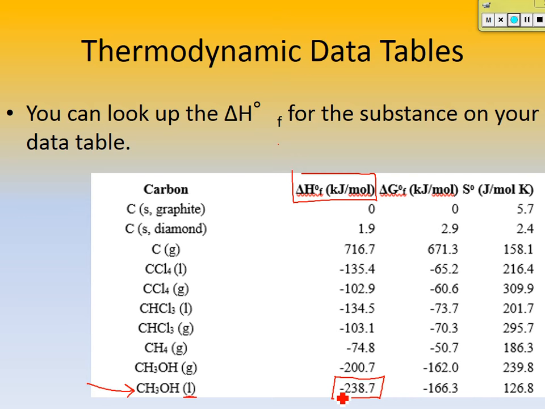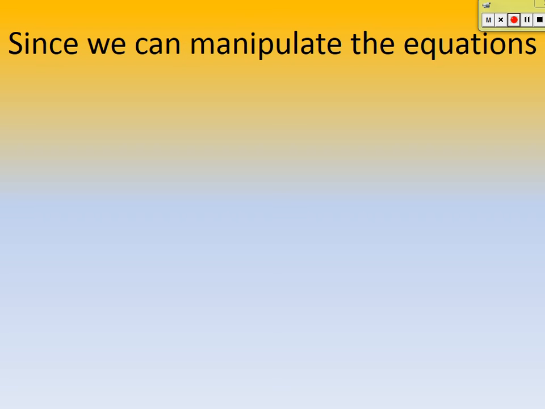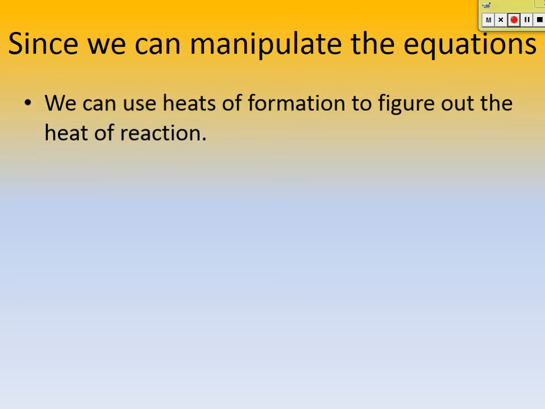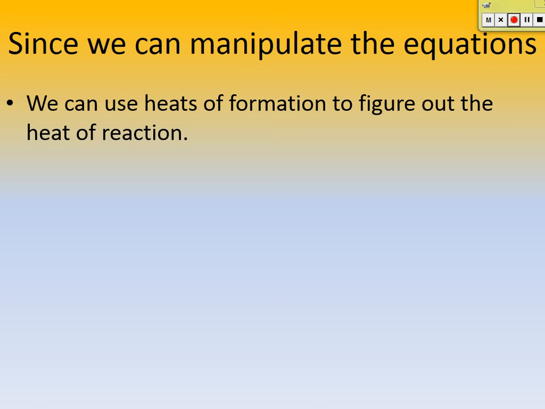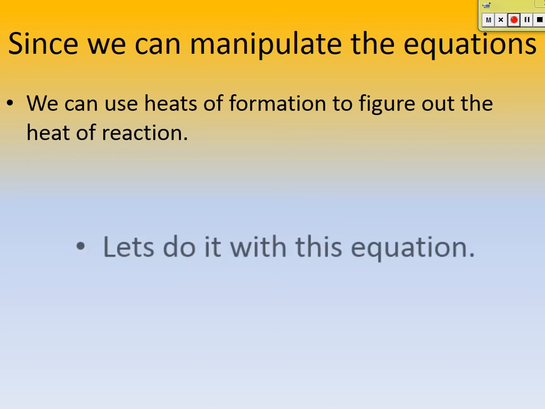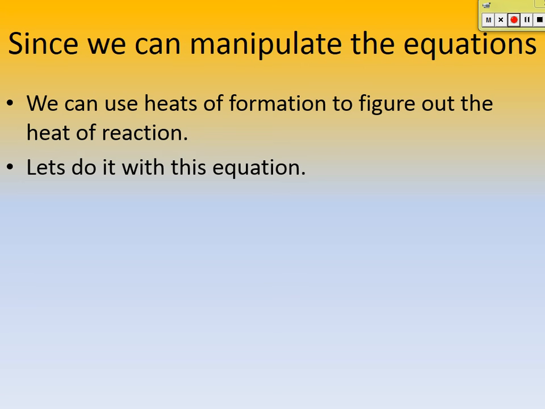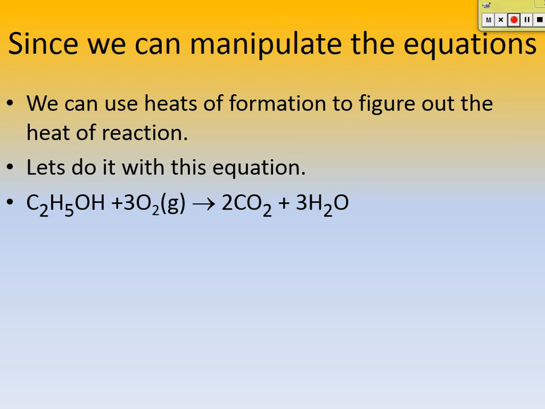We're going to use this information to figure out the delta H for reactions. Not just a substance, but we're going to put them into a chemical reaction and be able to determine the delta H of the reaction. Since we can manipulate the equations, we can use the heats of formation to figure out the heat of the reaction. Let's do it with this equation. I've just got an example here.